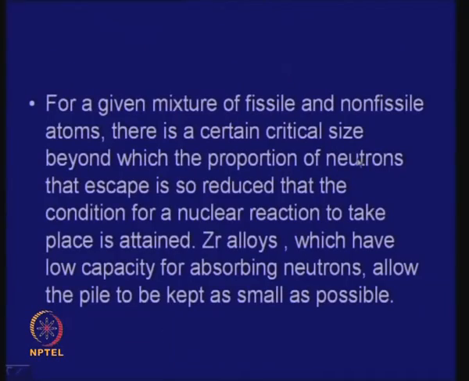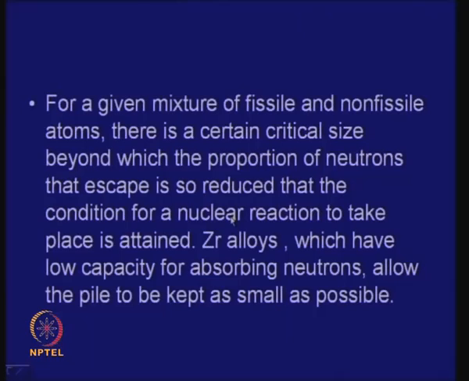But for a given mixture of fissile and non-fissile atoms, there is a certain critical size beyond which the proportion of neutrons that escape is so reduced that the condition for a nuclear reaction to take place is attained. You must understand what makes a nuclear reaction possible.